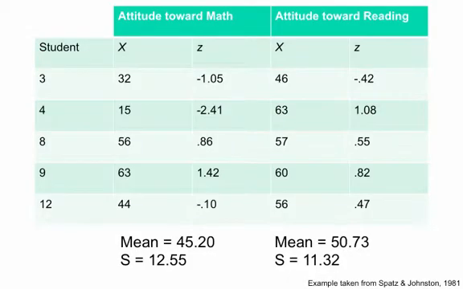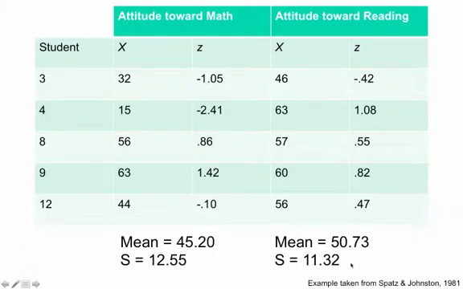Here I have a table with some data related to these 2 surveys. As you can see, I've extracted 5 students of all those who were given the survey. On the attitude toward math, the overall mean was 45.2 and the standard deviation 12.55. On the survey about attitudes toward reading, the mean was 50.73 with a standard deviation of 11.32.